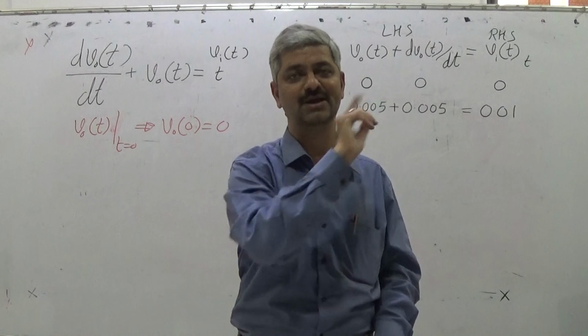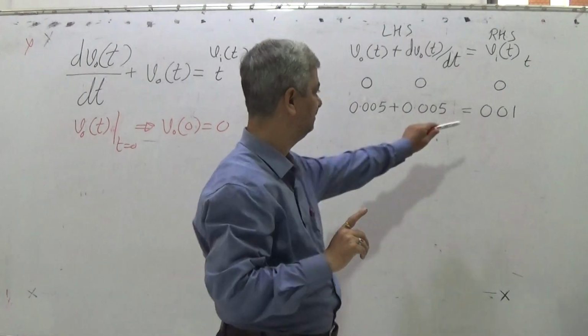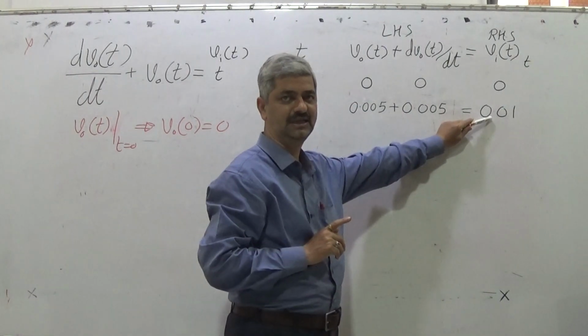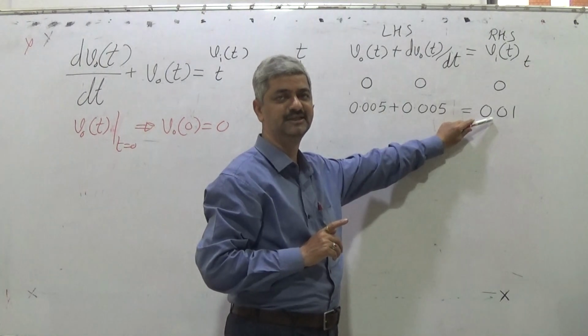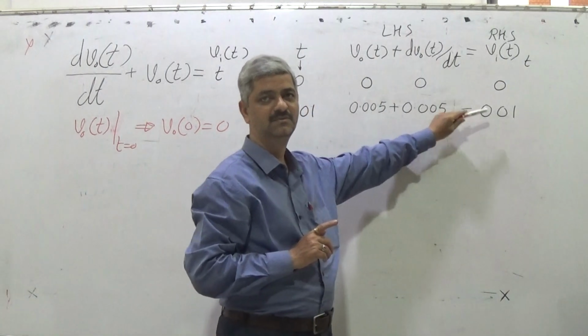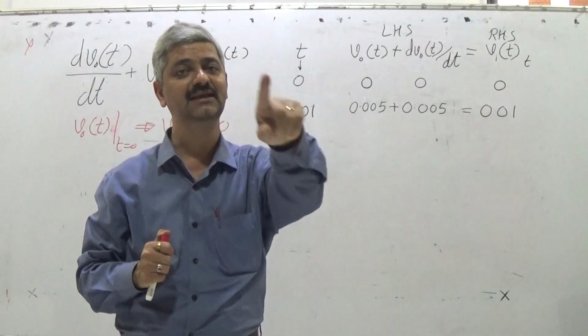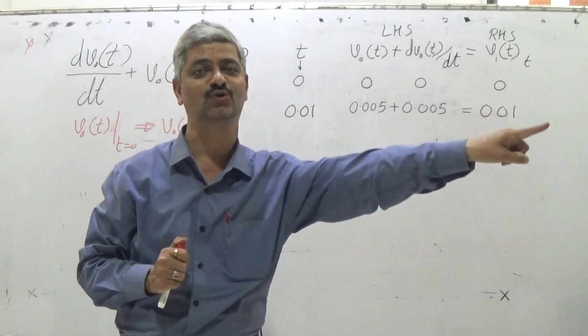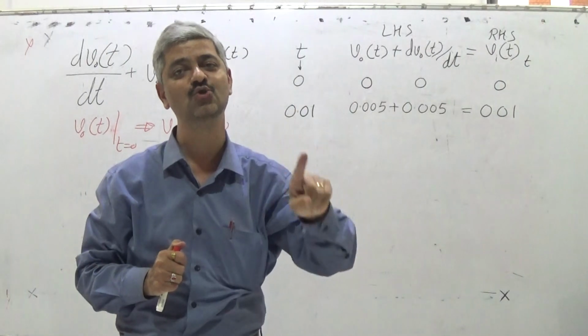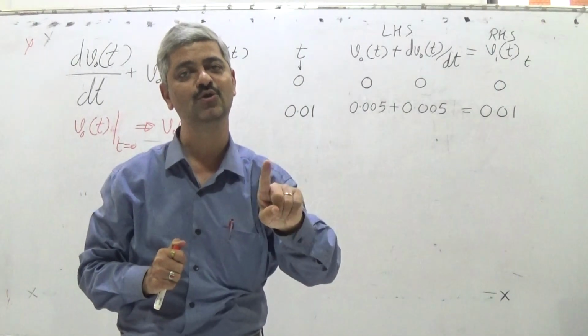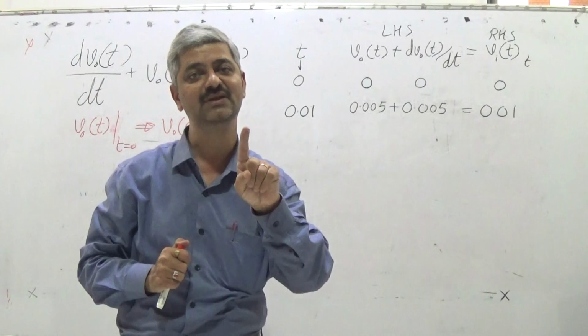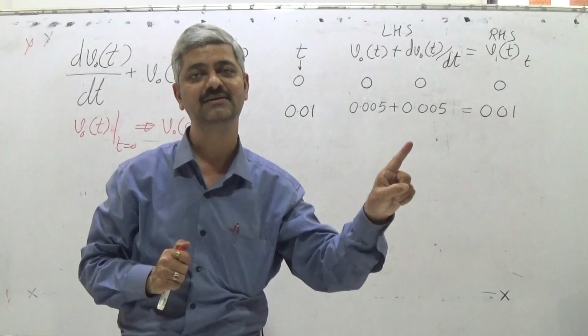V in t is given, that is, at t equal to 0.01, V in t is 0.01, and VOT plus dVOT by dt should be equal to 0.01. So we assumed VOT, and the equation will give me dVOT by dt.